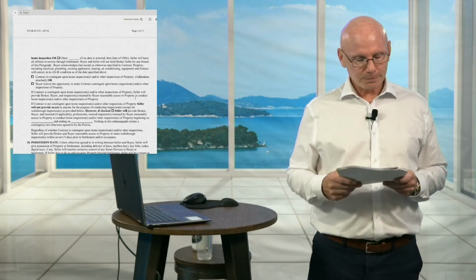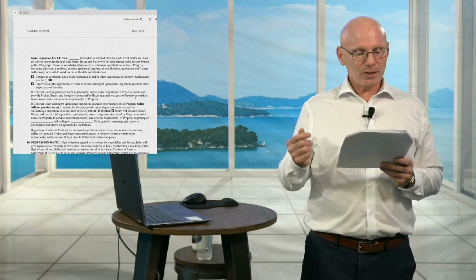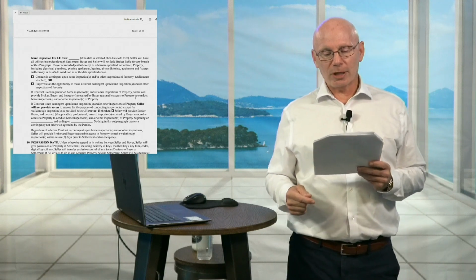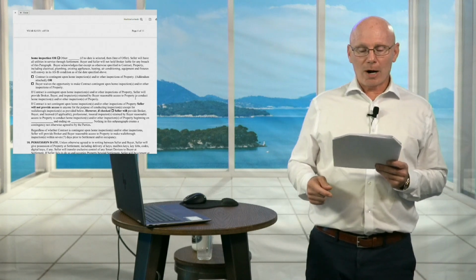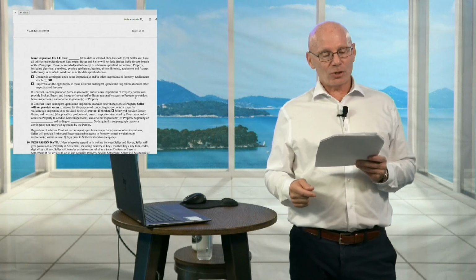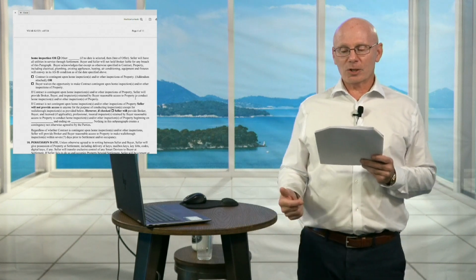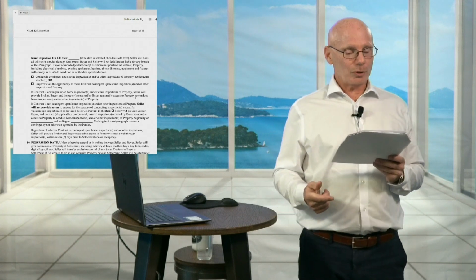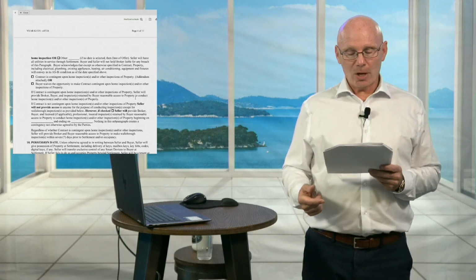If the contract is not contingent on a home inspection and or inspections of the property, the seller will not provide access to anyone for the purpose of conducting an inspection, except for the walkthrough inspections as provided below.